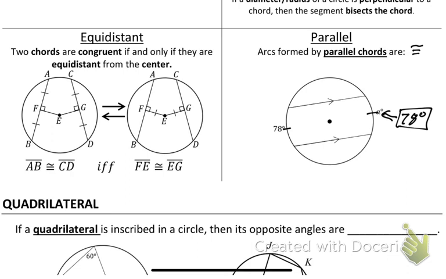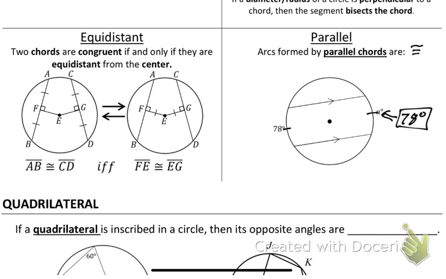If you ever see the 2 chords are the same distance from the center, and the way you're going to see that is you will have tick marks between these. If these 2 are the exact same size, only if they're exactly the same size, can I say all of these are congruent as well.